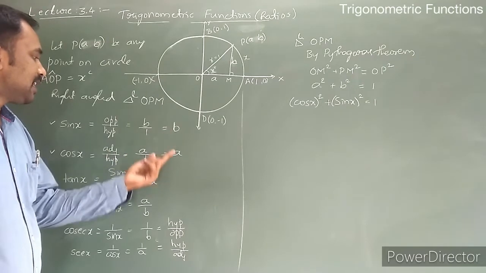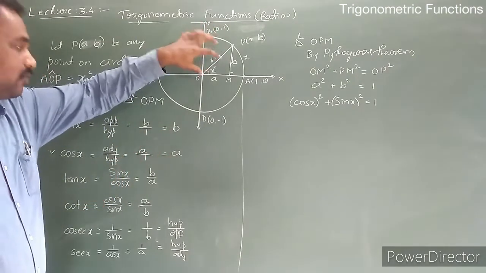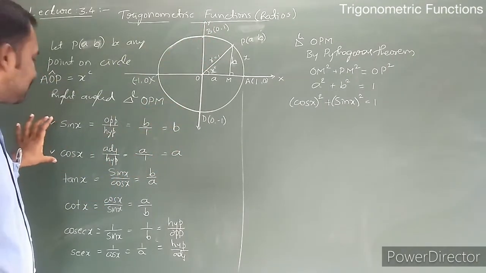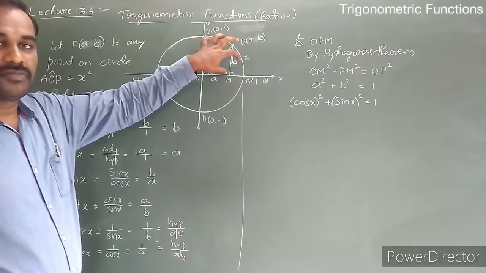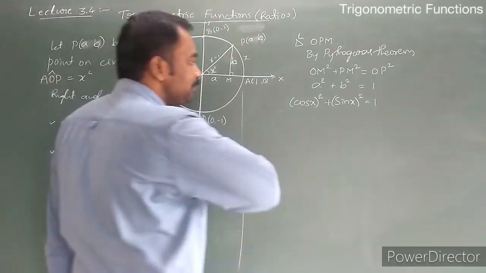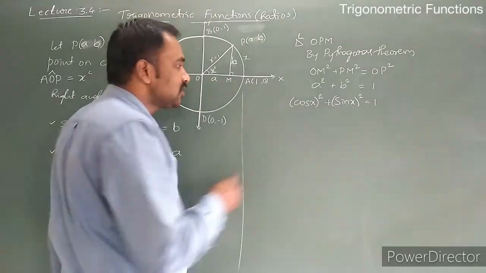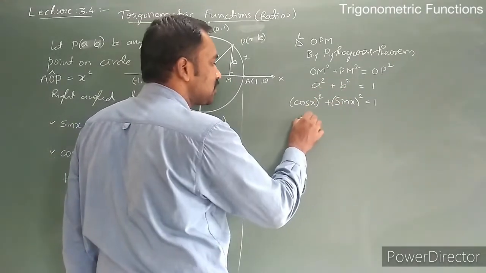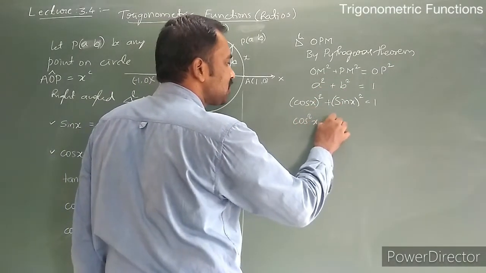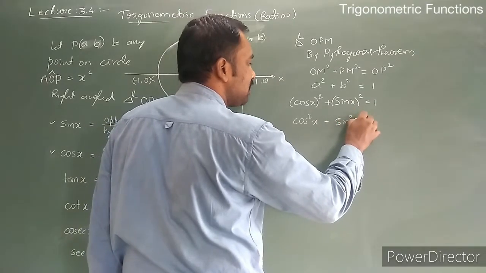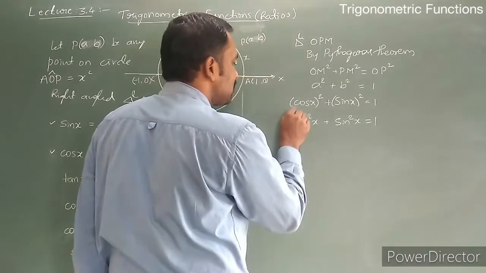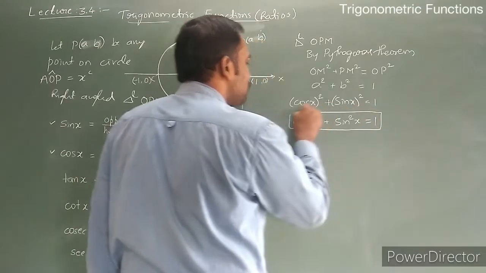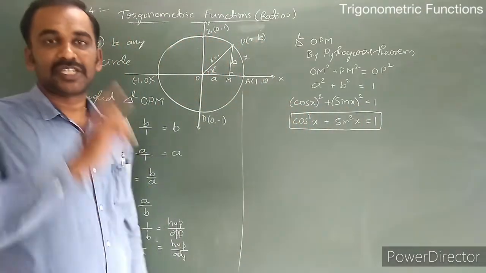I just replaced the A and B values, which we got as the definitions of the trigonometric ratios from this right angled triangle. Now we can write cos of x whole square as cos square of x, plus sin of x whole square as sin square of x, is equal to 1. This is said to be the first trigonometric identity.